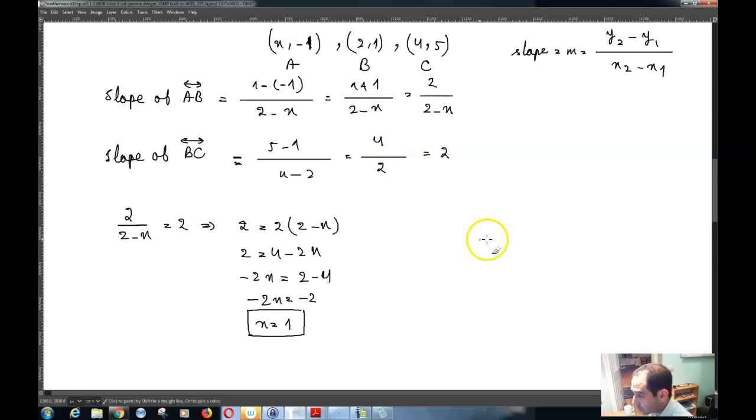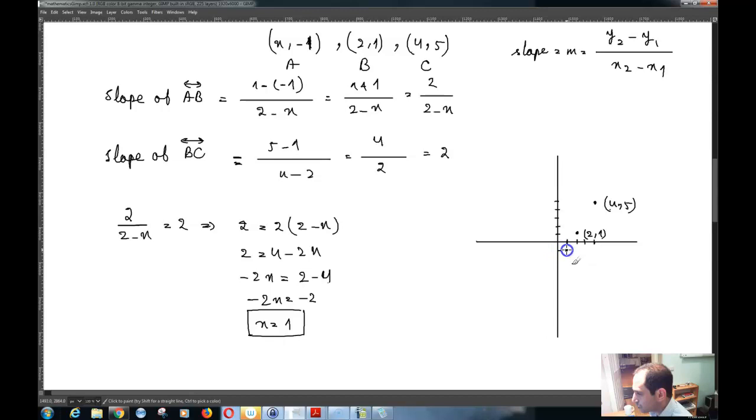Now if x is equal to 1, you can of course verify this as well. So 1, 2, 3, 4 and 1, 2, 3, 4 and 5. That would be 1 point over here, 4, 5. 2, 1 would be this point over here, 2, 1. And then you have 1 point over here, which is 1, negative 1.